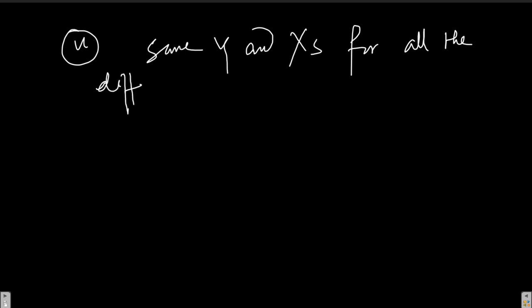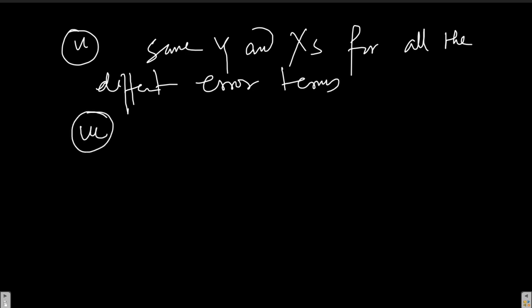So all the ut's that we get should come from the same process. That is quite obvious and intuitive, so that is the second limitation. Basically you cannot really change your models when you are estimating the error term.